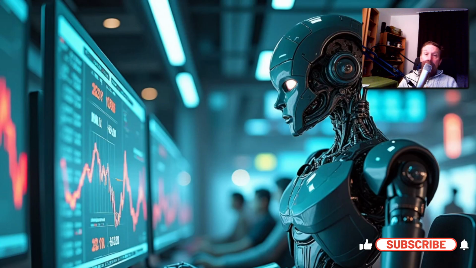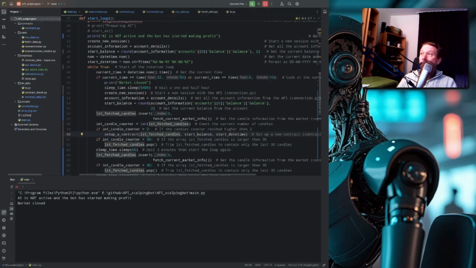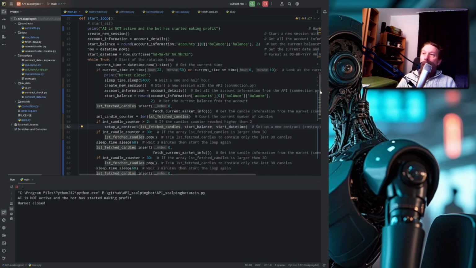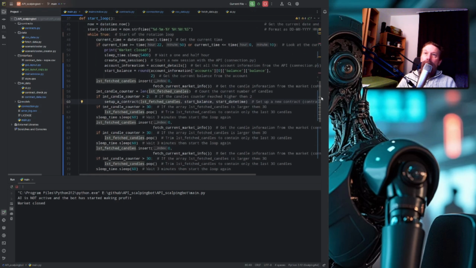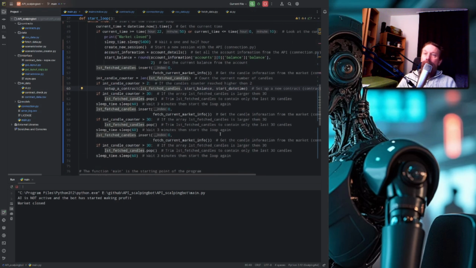And today we start with the coding and what changed in the code, and I will grab the code. If we look at the code, there are some changes, especially in the starting part. You see that there are more new lines, and those lines are there to get more candles.